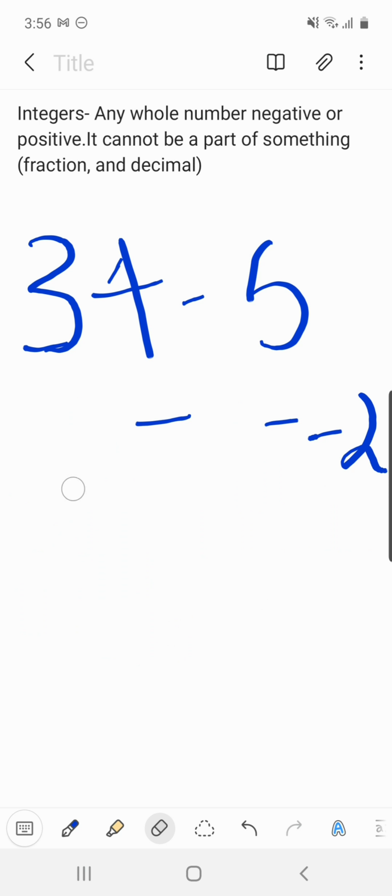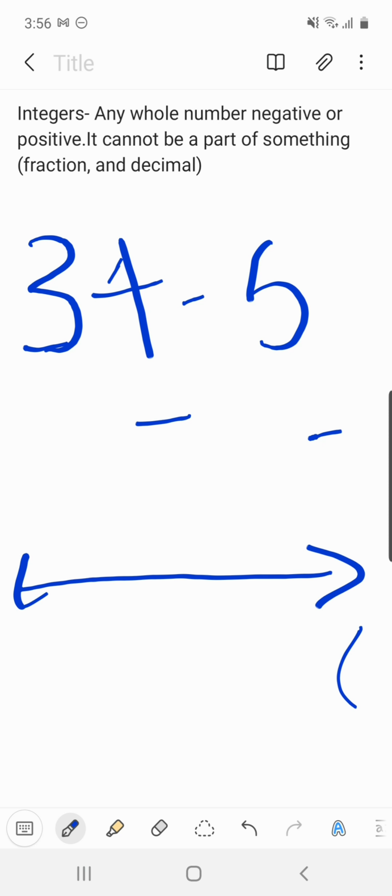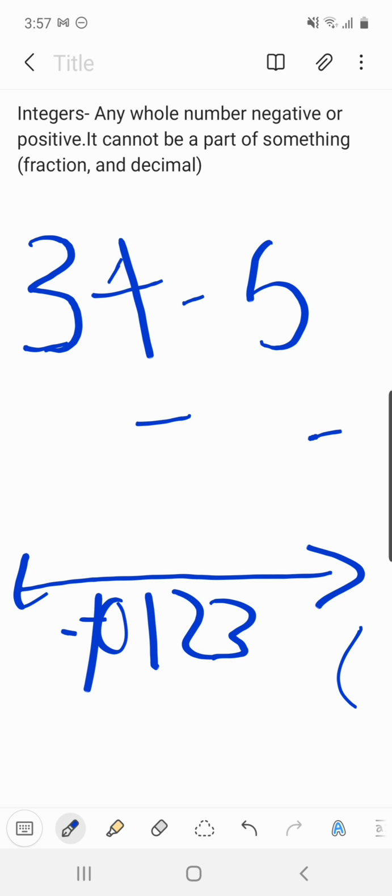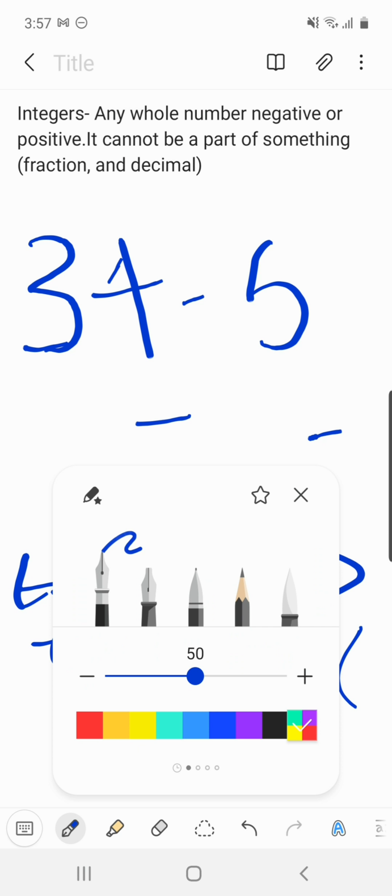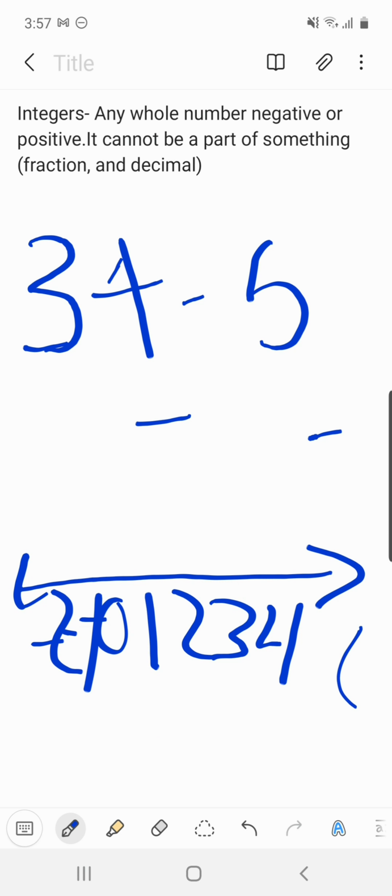Alright? Now, a number line that would actually help you solve it, if you were to write this down on a test or something, is if you do it like this. Now, you have 3, 2, 1, 0, negative 1, negative 2, then you have 4 right here. Now, how many spots away? If it's minus, I have to go to the left, because minus always means you subtract or take away from it.